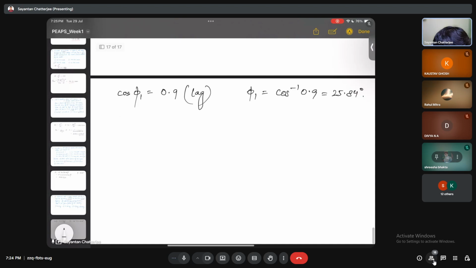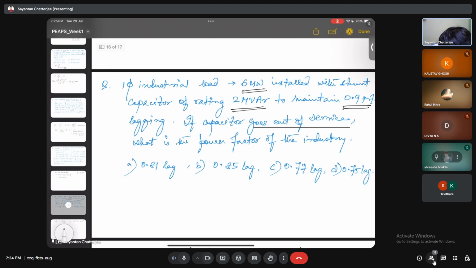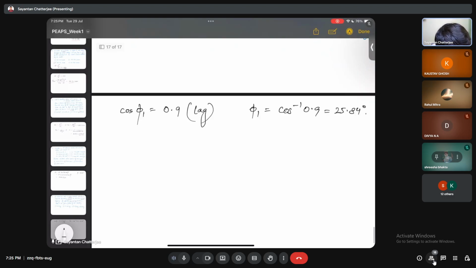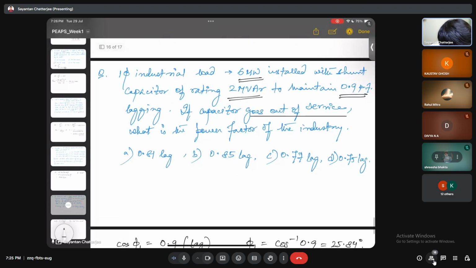Now 2 MVAR is the capacitor rating. So for 0.9 cos phi, at the angle 25.84, the system was operating, and for that the capacitor installed is 2 MVAR.